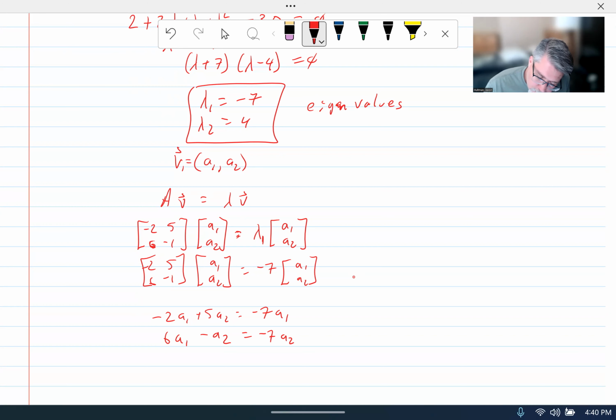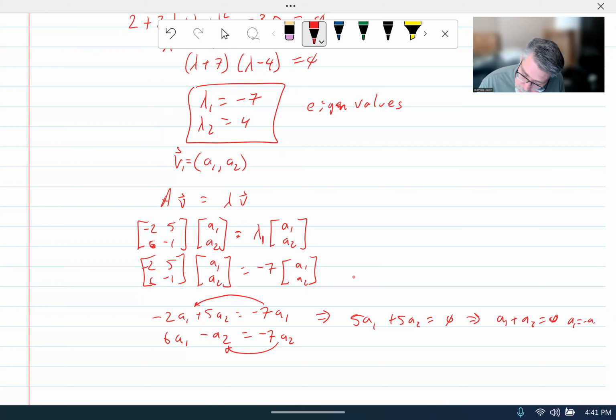Now, if I add 7 A1 here, this guy becomes 5 A1 plus 5 A2 is equal to 0, which tells me that A1 plus A2 equals 0, which then tells me that A1 is equal to negative A2. So they have to be opposites.